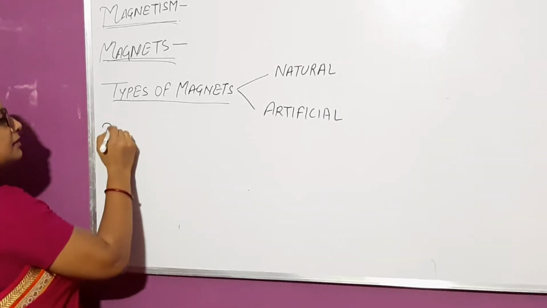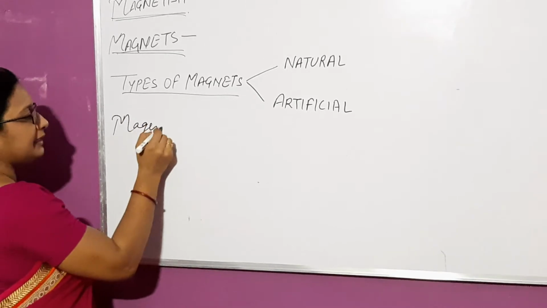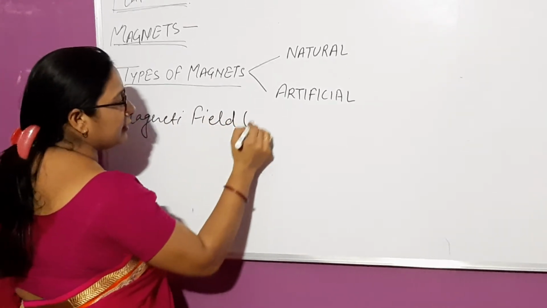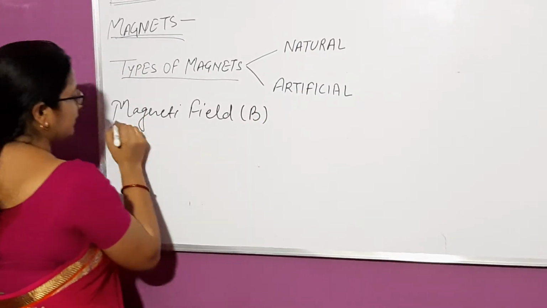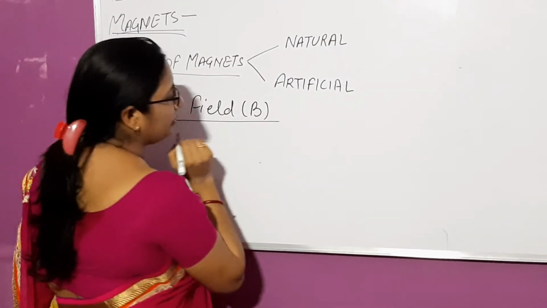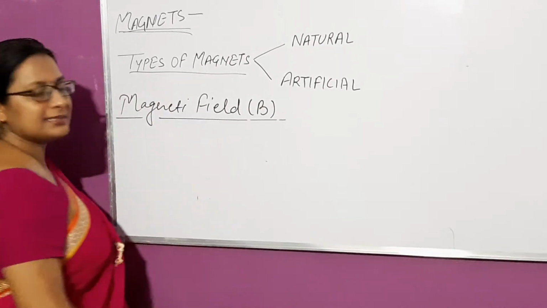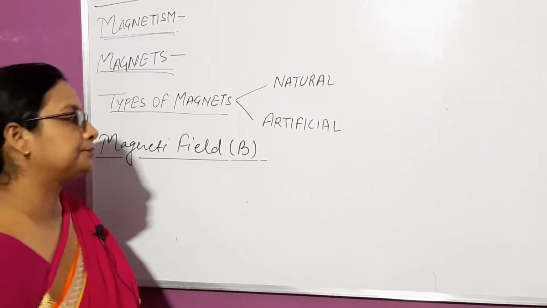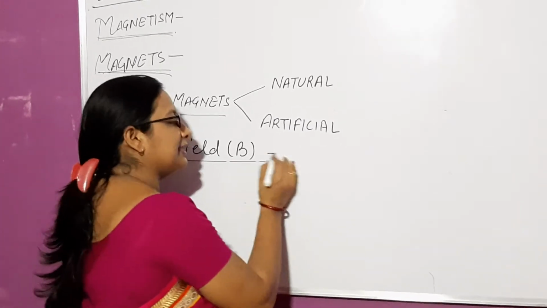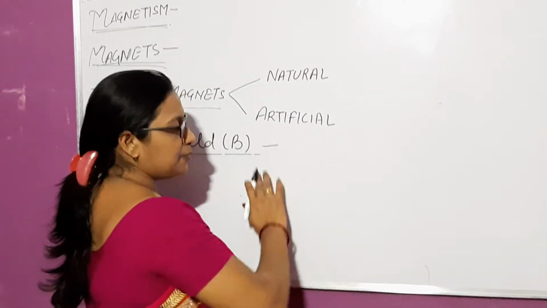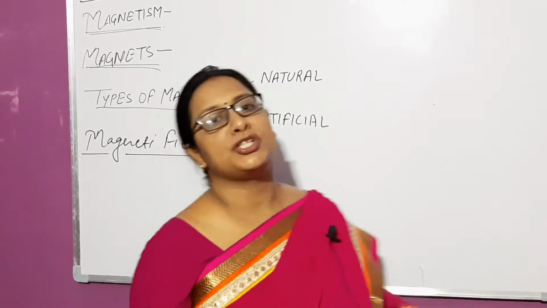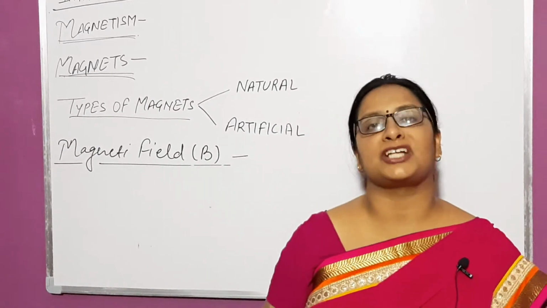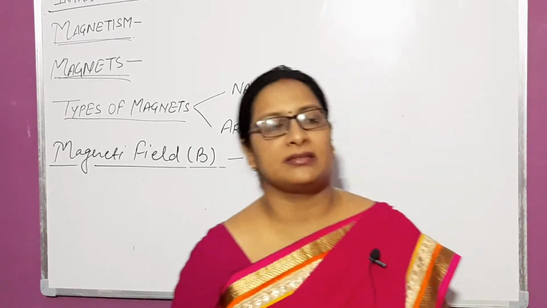Now children, the next topic is magnetic field. Magnetic field is a physical quantity which is represented by the symbol capital B. It is the space around the magnet in which the magnet and magnetic material experience a force of attraction or repulsion.